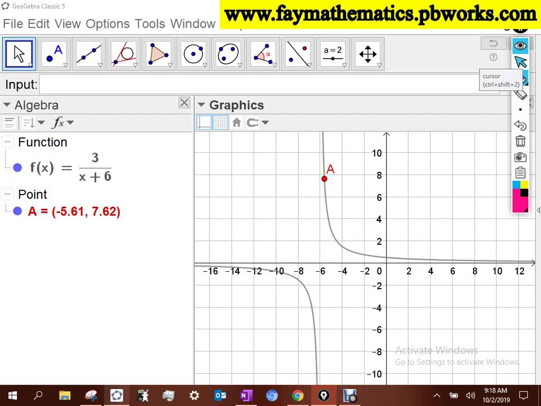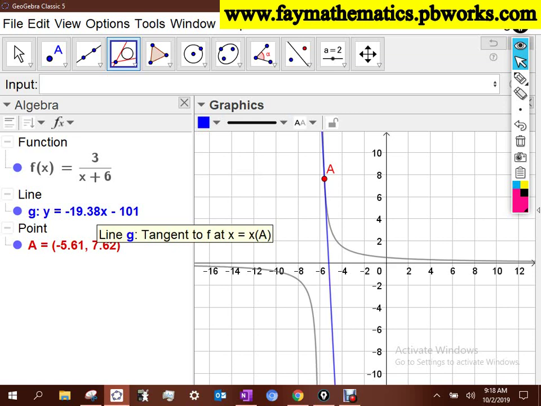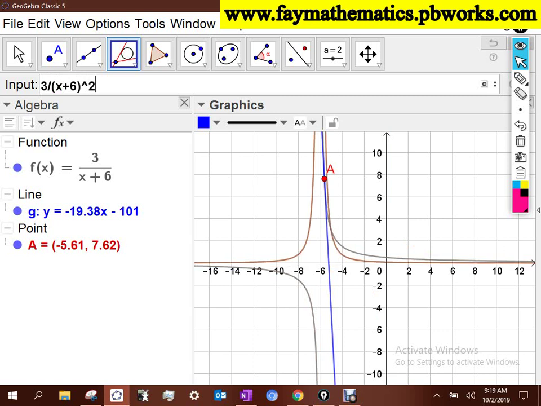So the tangent line should look like that. So the slope of that black line, let's make it blue to talk about it easier. That's the tangent line. The blue line is the tangent line. The slope right here is negative 19.38. Well, what we just found was 3 divided by an x value plus 6 squared.